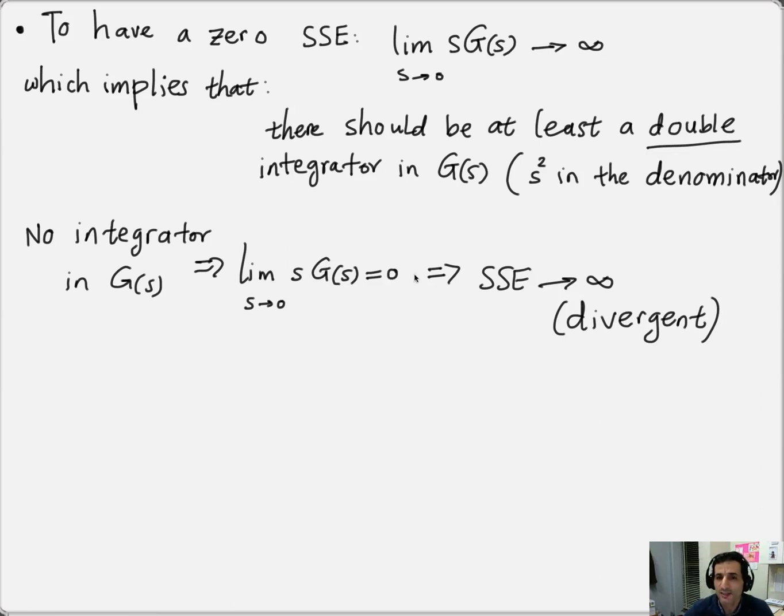Therefore, since the steady state error (SSE) to a ramp input is 1 over this limit, it would tend to infinity. It means that your output with respect to your reference input, which was a ramp input, would be diverging.